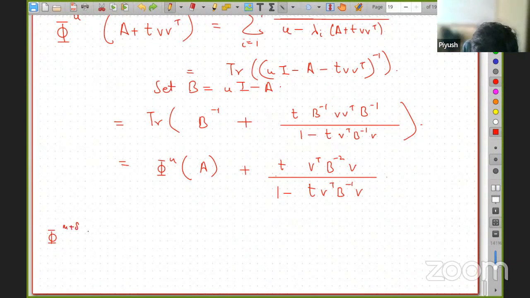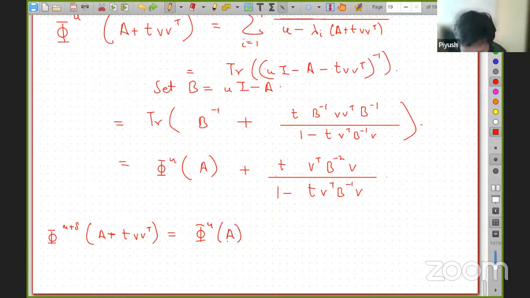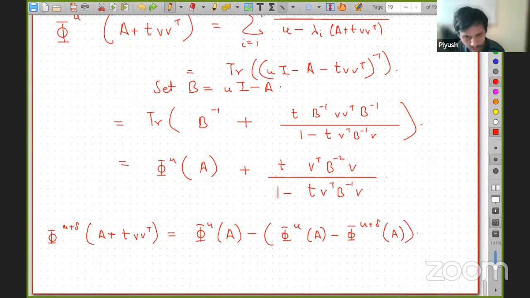If I put u plus delta, then for A plus t VV transpose it will be phi u of A, plus a term which is, by the way, positive.